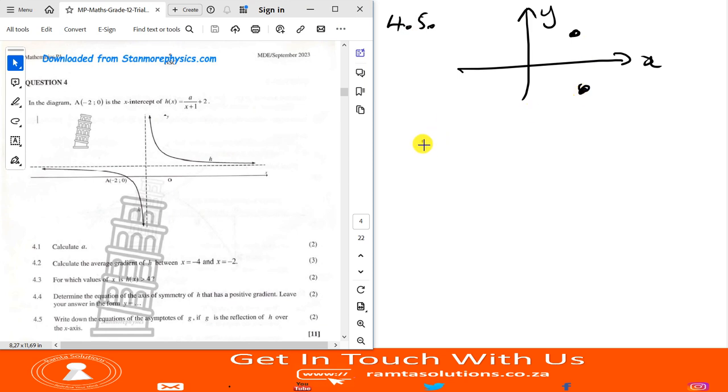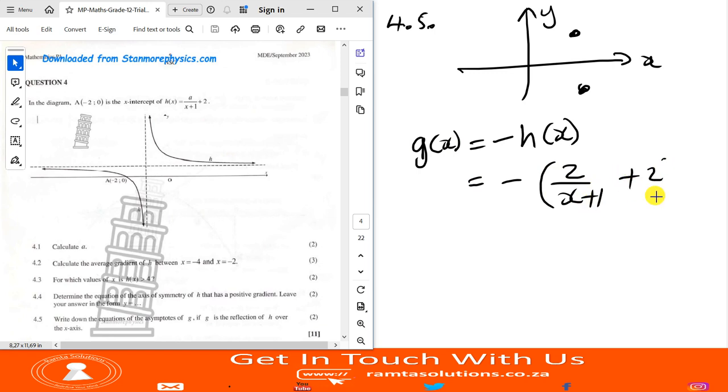So this means g of x is negative h of x. So let's see. Remember, we had 2 over x plus 1 plus 2. What is this? Negative 2 over x plus 1 minus 2. So what are the equations of the asymptotes? This part here is concerned with the vertical asymptote.